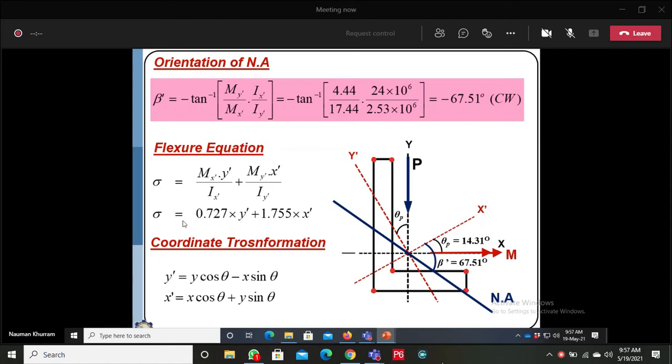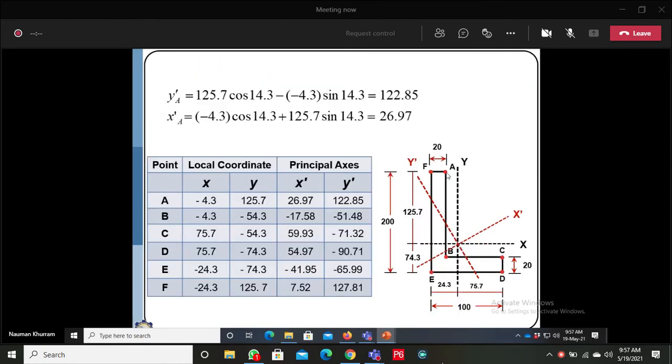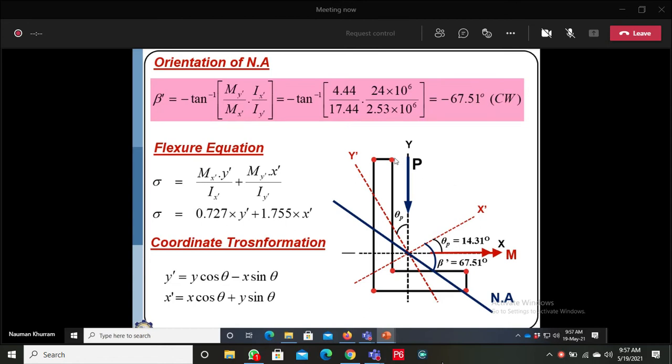The total stress due to the moment acting about the x principal axis and y principal axis at any particular point can be computed by this equation. Okay, next, if you want to determine the stress, for example, at this point, which I have referred to as point A, then in this equation we must have the y bar value with respect to the principal axis.